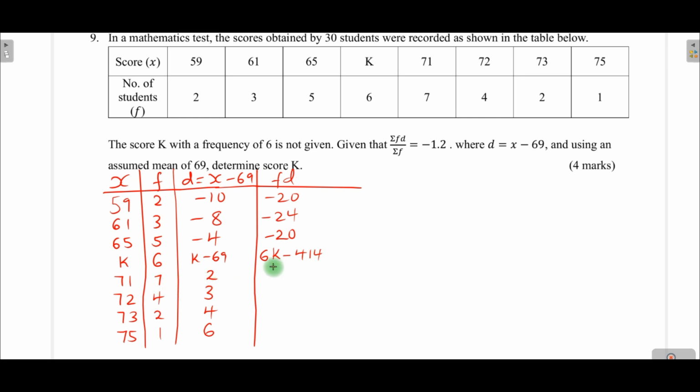Then 7 times 2, that is 14. 4 times 3, that is 12. Then 2 times 4, that is 8. Then 1 times 6, that is 6.